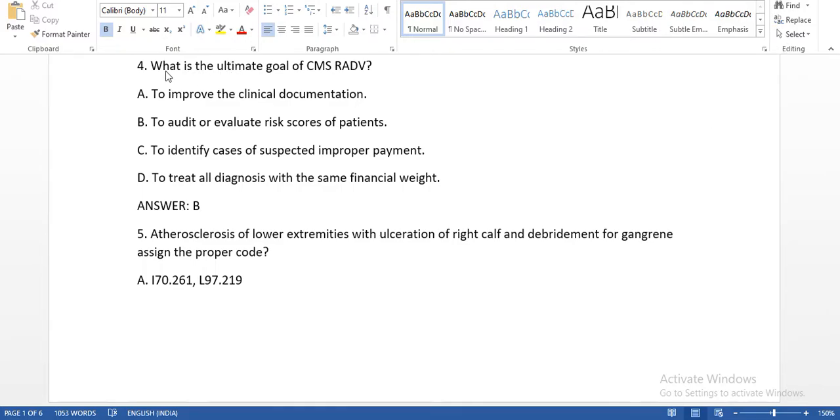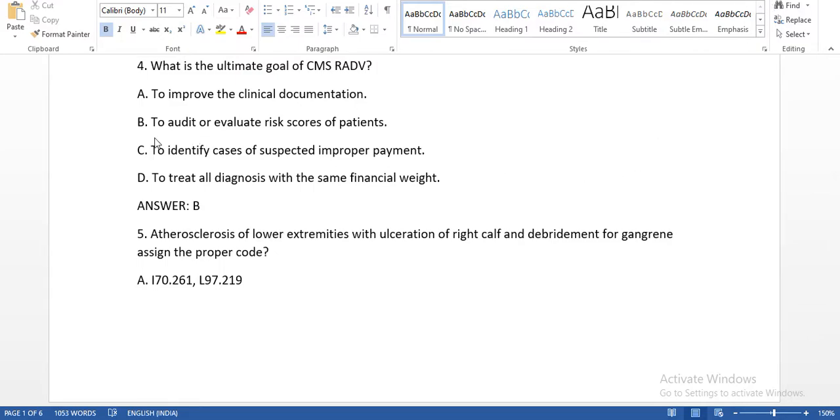We need to select among these four to find the answer. A, to improve the clinical documentation. B, to audit or evaluate risk scores of patients. C, to identify cases of suspected improper payment. D, to treat all diagnoses with the same financial weight.